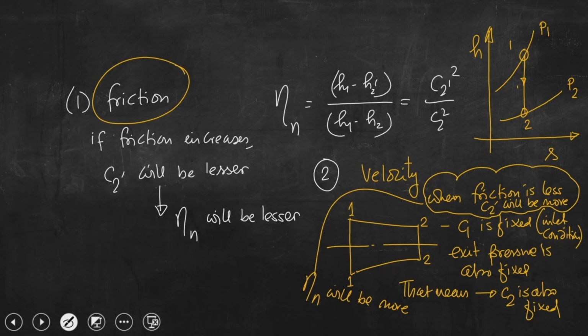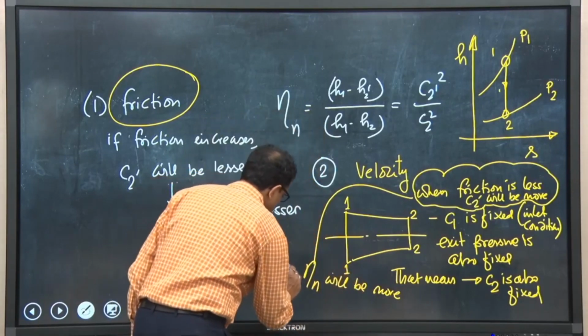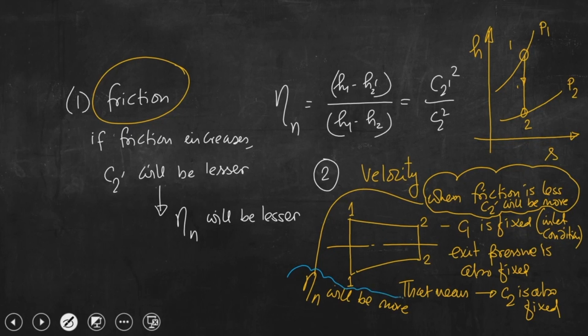If velocity increases, that is again because of less friction, if velocity increases, actual velocity I am talking about, because C1 is fixed and C2 is also fixed, that is why I have written these 3 lines. So, if frictional resistance is less, actual velocity will be more, efficiency will be more. So, this is the conclusion. Finally, length of the nozzle.